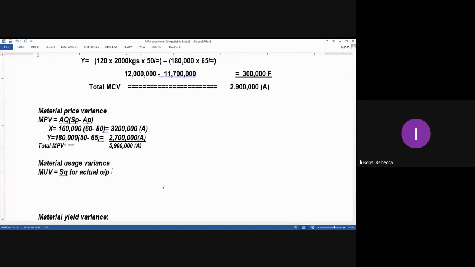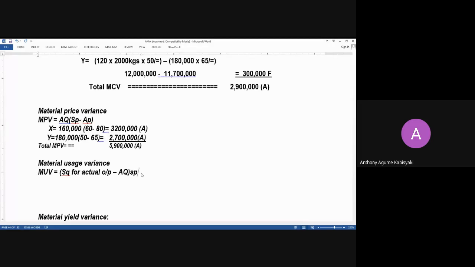You get the standard price into brackets, standard quantity for the actual output minus the actual quantity, minus AQ. Then into SP. There is one who was saying that you get the price minus quantity.